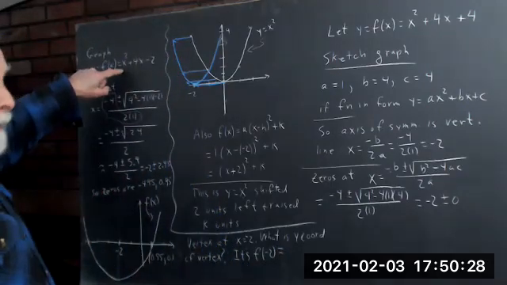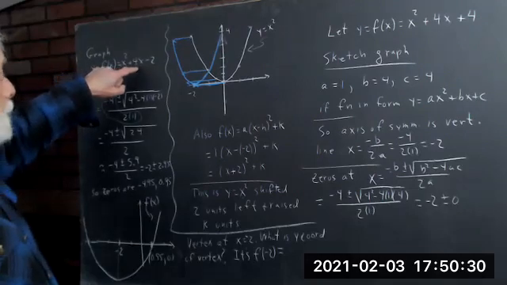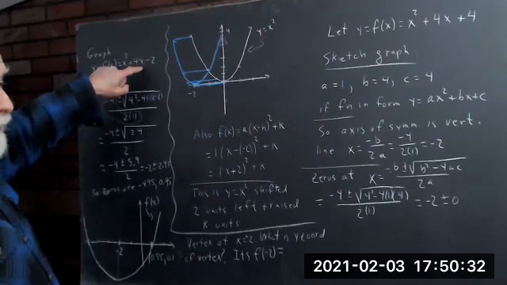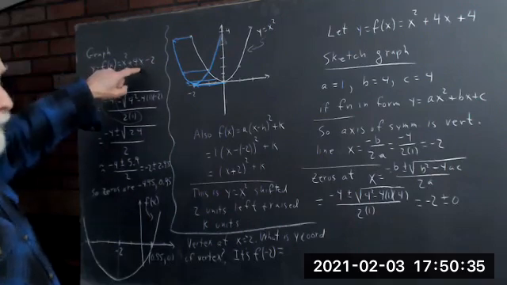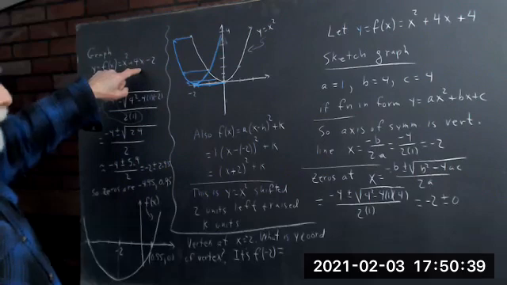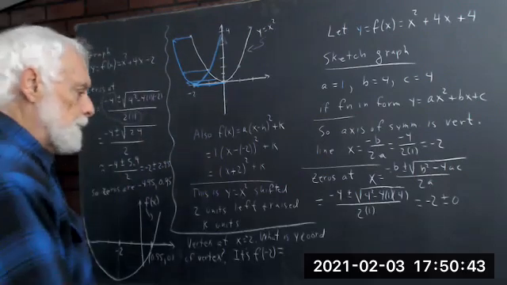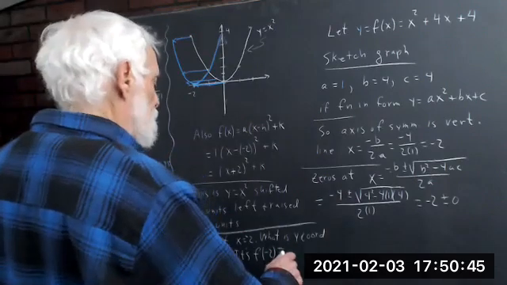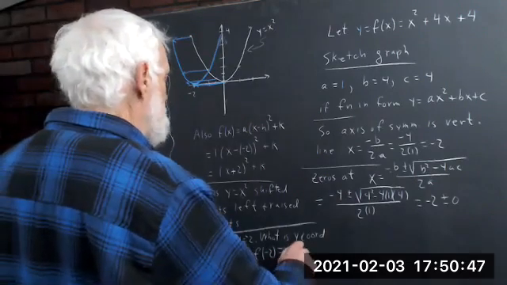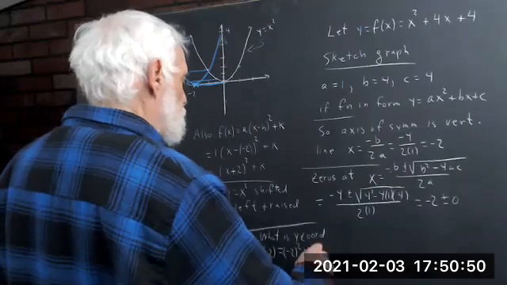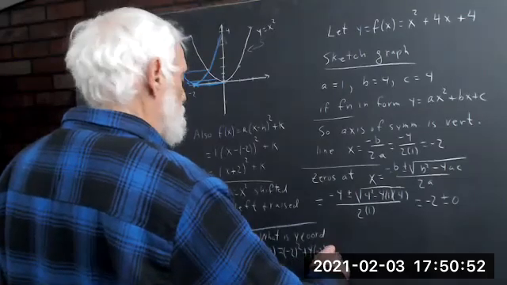You're going to get -2 squared, which is 4. 4 times -2 is -8. So 4 and -8 gives you -4, and -2 gives you -6. So I'll write it out: -2 squared plus 4 times -2 minus 2.